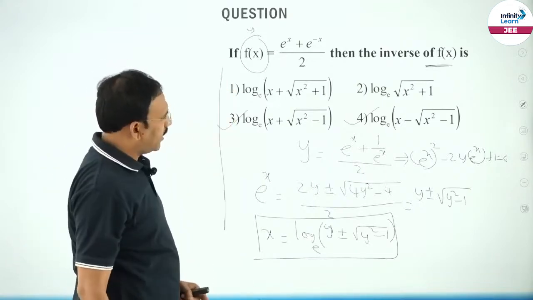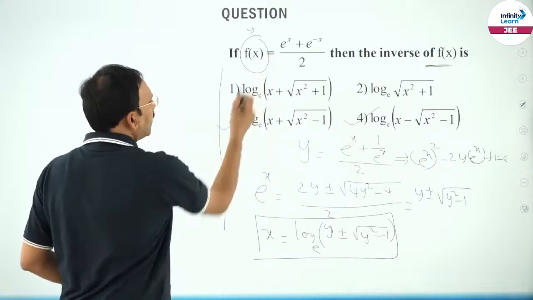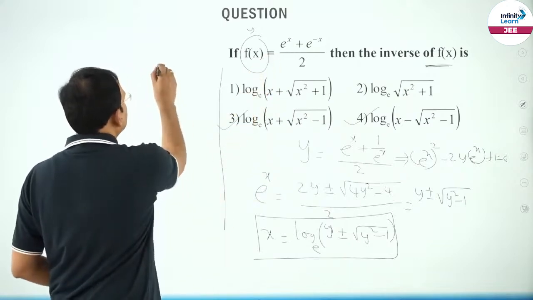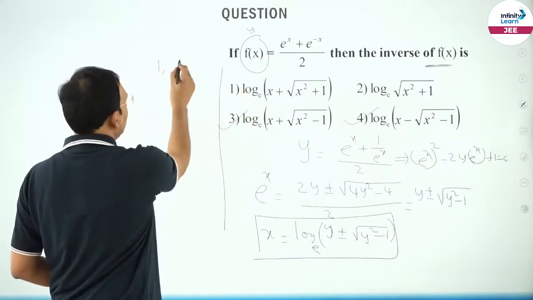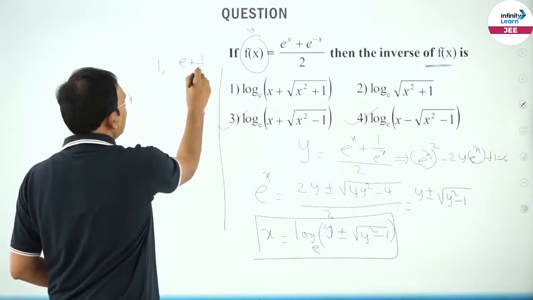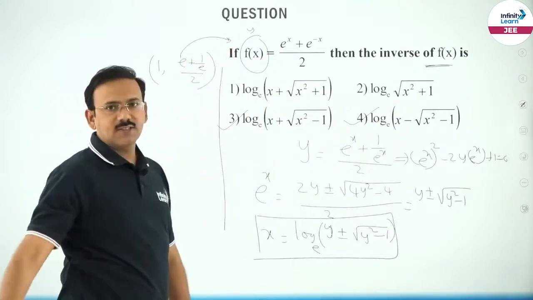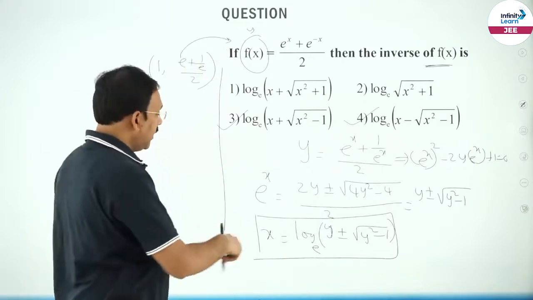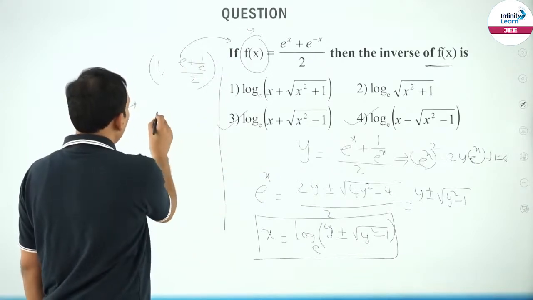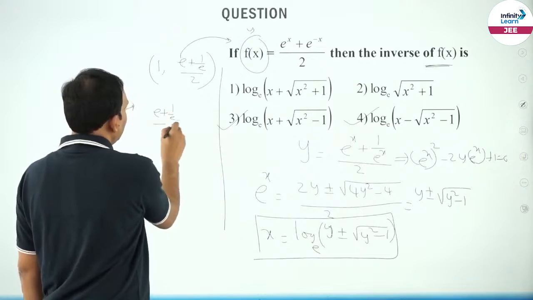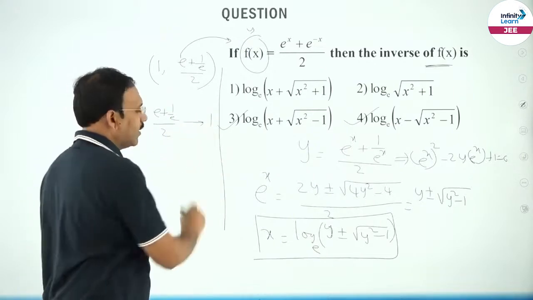For example, this is the given function. If you put x is equal to 1, you will get (e plus 1 by e) by 2 as the output of the function f of x. So, in f inverse of x, if you put (e plus 1 by e) by 2, you have to get 1.